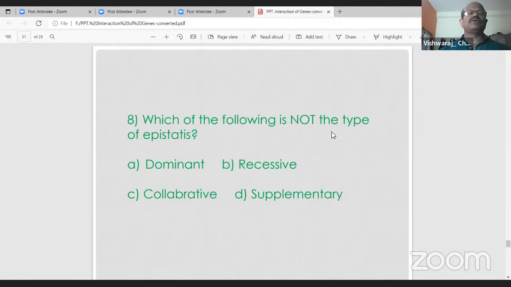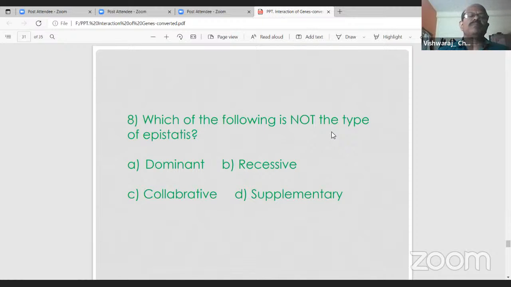Eighth question, which of the following is not a type of epistasis? A, dominant; B, recessive; C, collaborative; and D, supplementary.